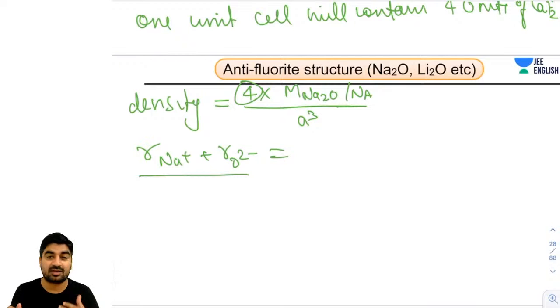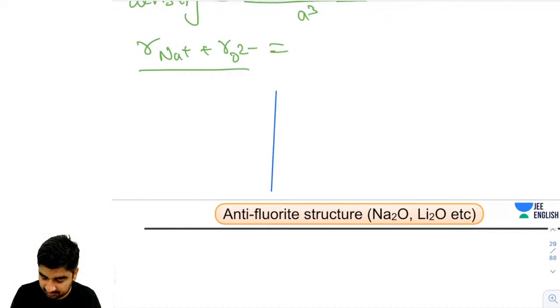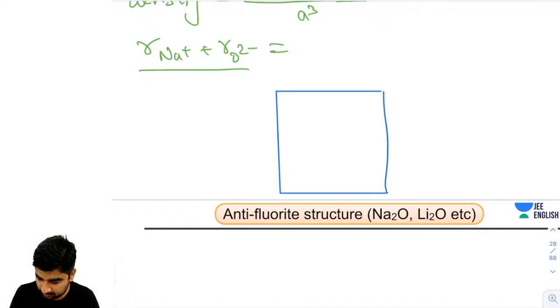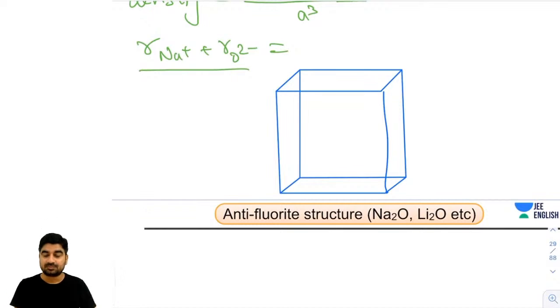But to calculate it, I again have to draw the structure. How will I draw the structure here? So now I'm making a cube and then I will divide the cube into 8 parts.